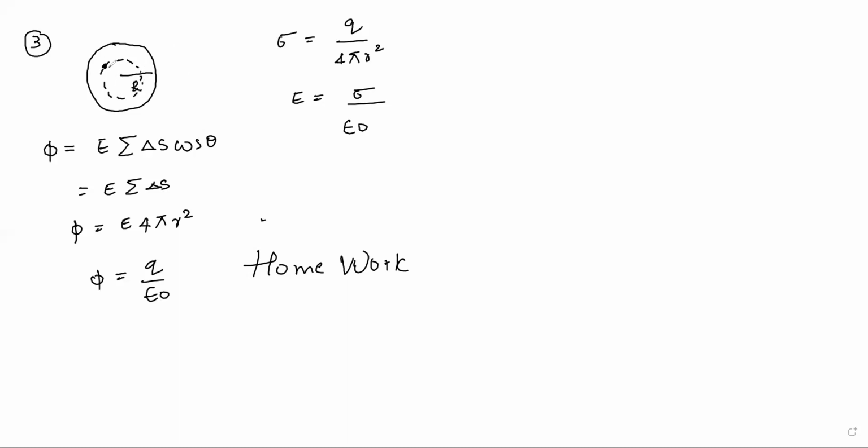Therefore, if I consider q is equal to 0 in this expression, then phi will also be equal to 0 and E will also be equal to 0. So this is the expression for the third case.